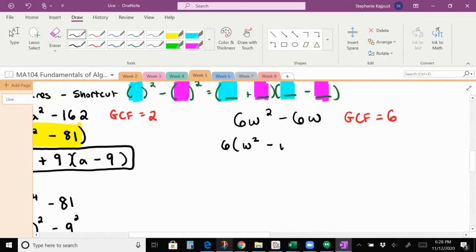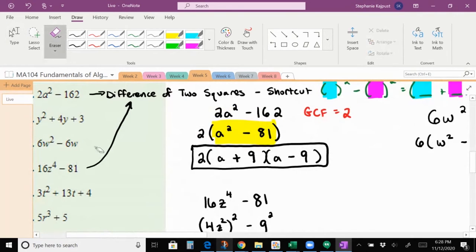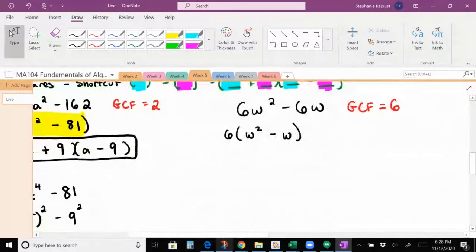And yeah, and that would be it, actually. We wouldn't even need the difference of 2 squares with that. So it's w minus or plus 1? It would be minus. Okay.